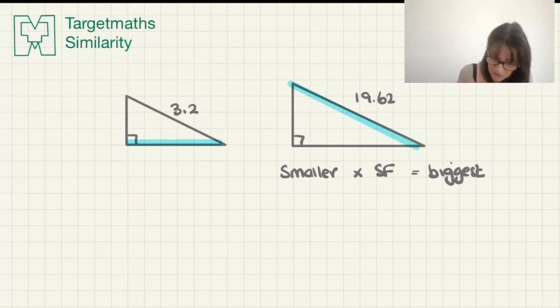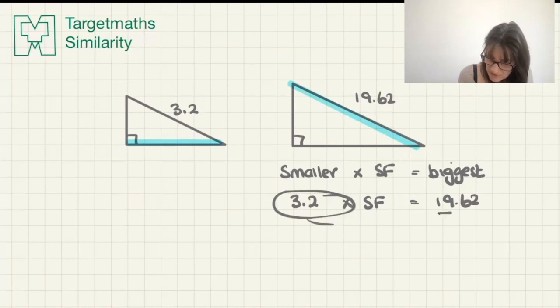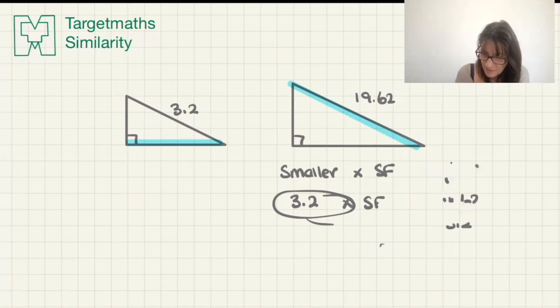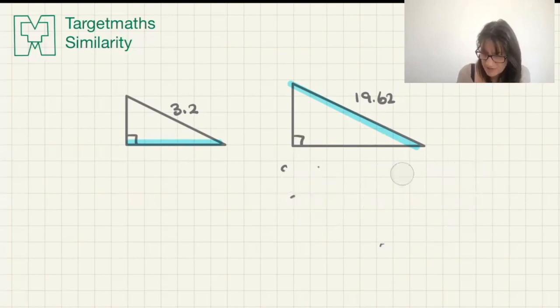Here, I've got that the smaller is 3.2. I don't know my scale factor, but I know that it's going to give me 19.62. If I want to know what the scale factor is, I'm going to bring that times 3.2. It will land as divide 3.2. And then I can work out that the scale factor is 6. A nice approach that we would use every time.